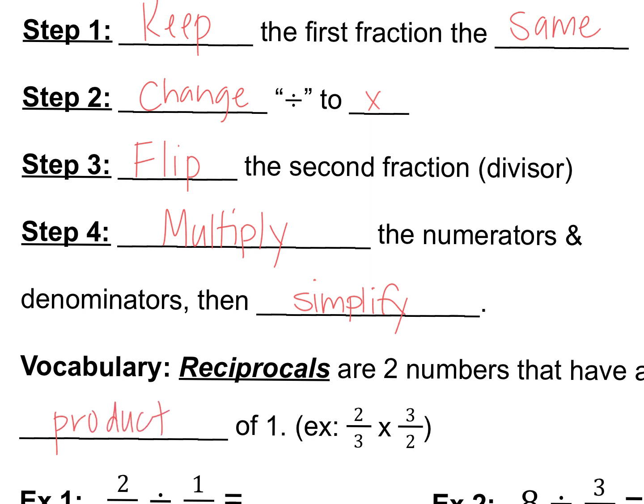So see my example there? I have 2/3 times the reciprocal. When you flip it, 1/2. It's going to equal 1. So 2 times 3 is 6, 3 times 2 is 6, 6 over 6 is 1. So reciprocals are two numbers that have a product of 1. Whenever you are flipping that second fraction, you're actually using its reciprocal.